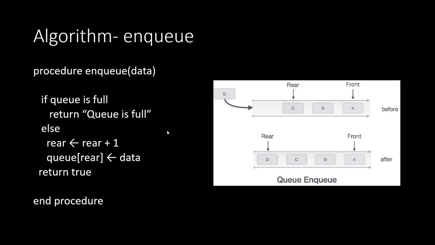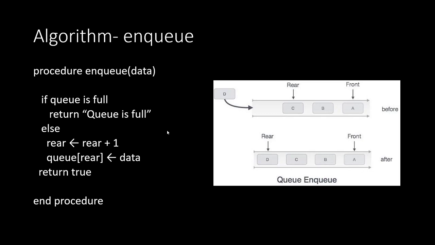Rear is supposed to keep the latest element, so to mimic the behavior we need to increase the count. So in enqueue, the counter of rear will be increased, and it will keep having the data as we add into the queue. So that's how enqueue will work.